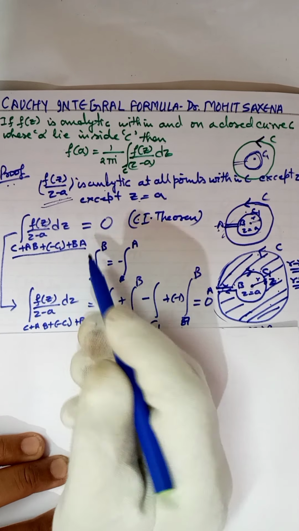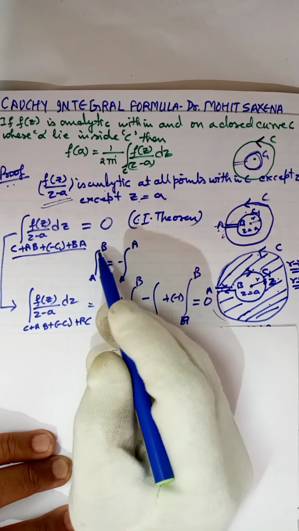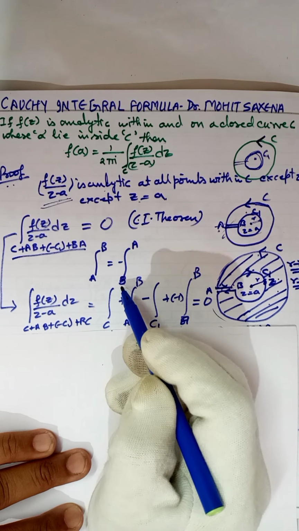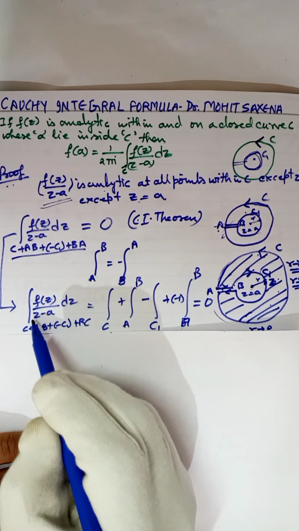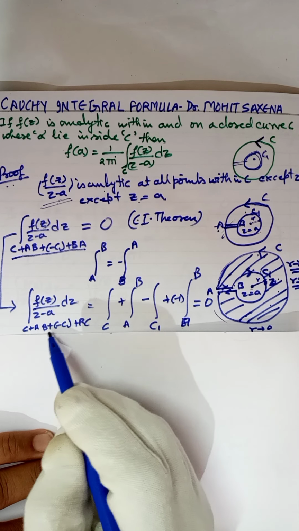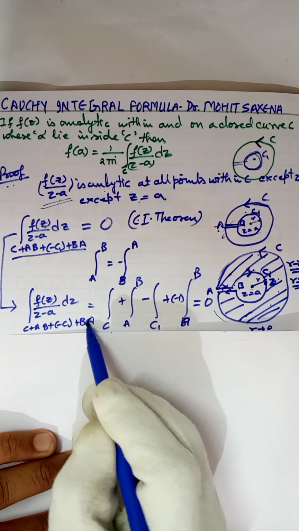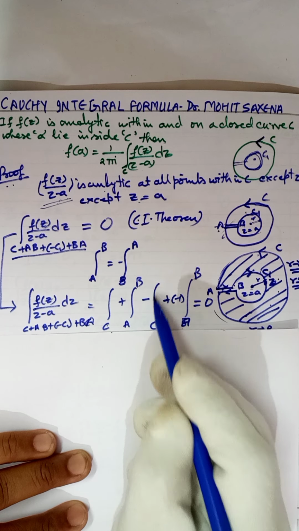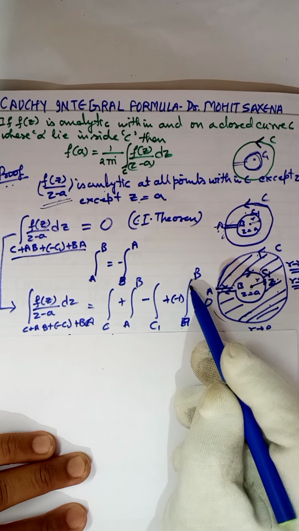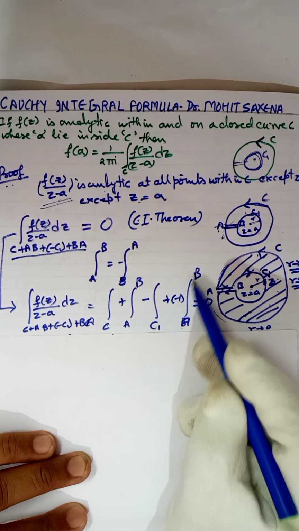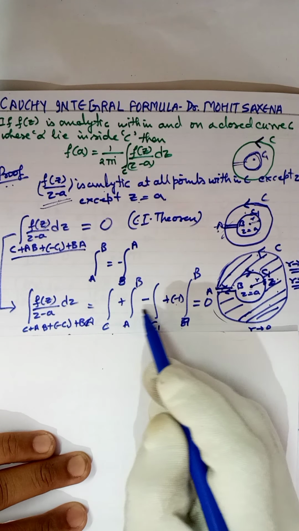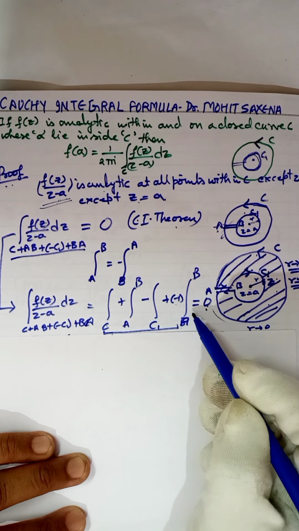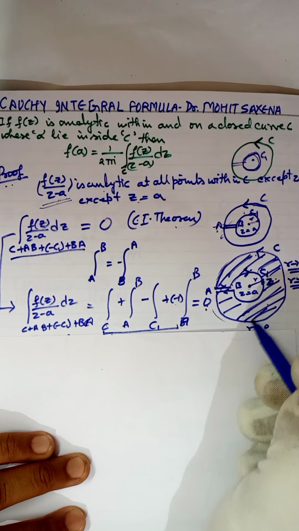Now by the basic concept of integration, the integral over A to B is equal to minus the integral over B to A. So this integral would become the integral over C, the integral over AB, the integral with negative sign over C1, and the integral over B to A. The addition of all these 4 integrals would become 0 by Cauchy integral theorem, as there is no singularity inside this shaded portion.